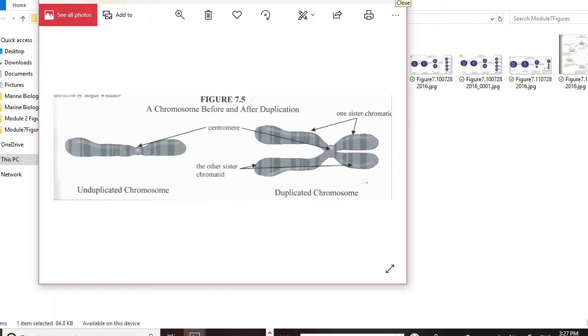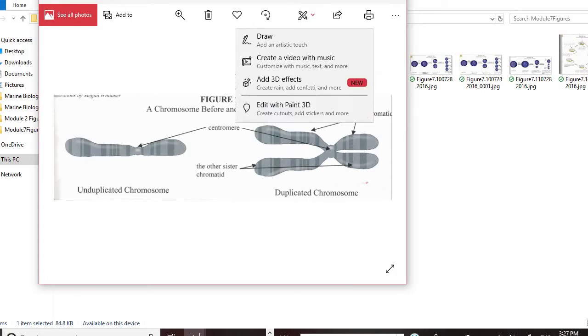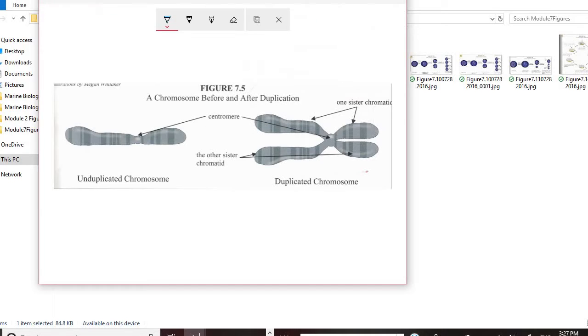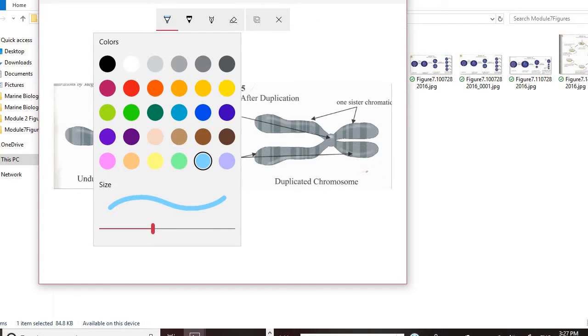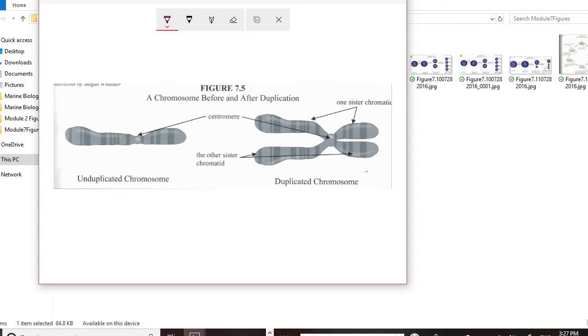So we see the chromosome here. What you'll notice, so this is an unduplicated chromosome, and the chromosomes have an area in their center that's called a centromere.